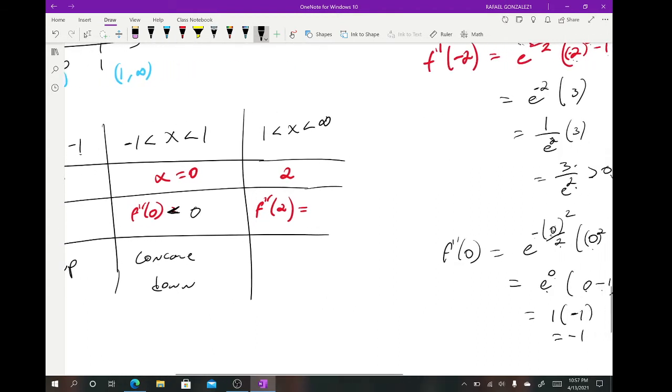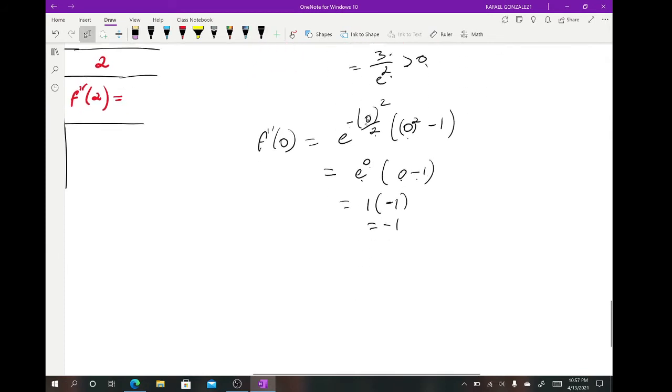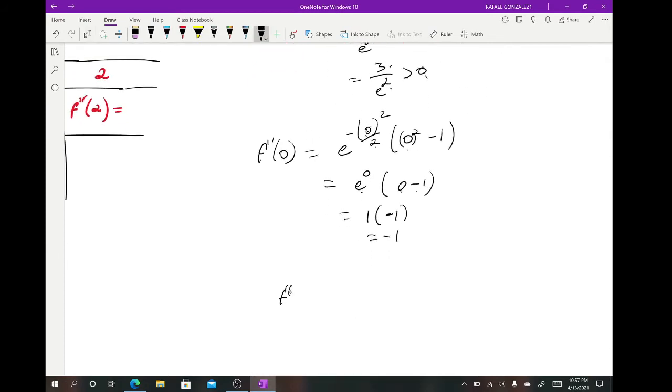Finally, for the last one, when you plug in 2 for x, we have e to the minus 2 squared over 2 times 2 squared minus 1. So it's going to be, again, e to the minus 2, like before.